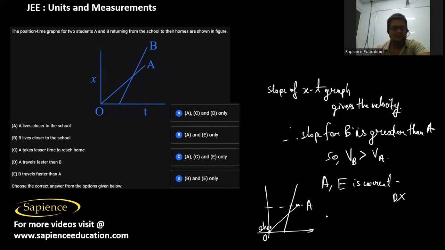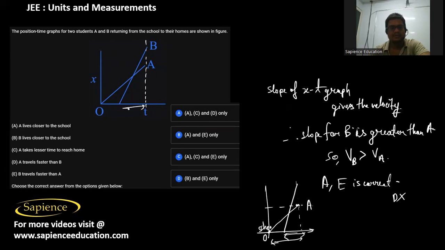And also A takes lesser time to reach home, which is false. Since B takes lesser time to reach his house, since this time interval is lesser than this time interval. From the graph we can see that A and B reach the home at almost the same time.